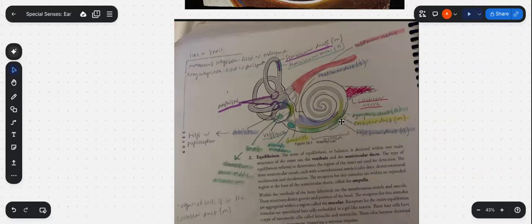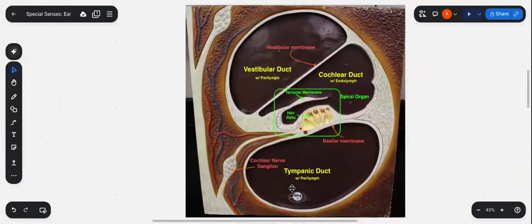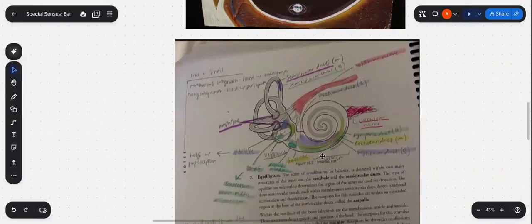That is the membranous labyrinth. And then in green, you have your tympanic duct, which is bony labyrinth again. Think of it as a shell that is covering the important fluid that is in the center in the cochlear duct. So it follows the same vestibular, cochlear, tympanic routine over here and right over there.